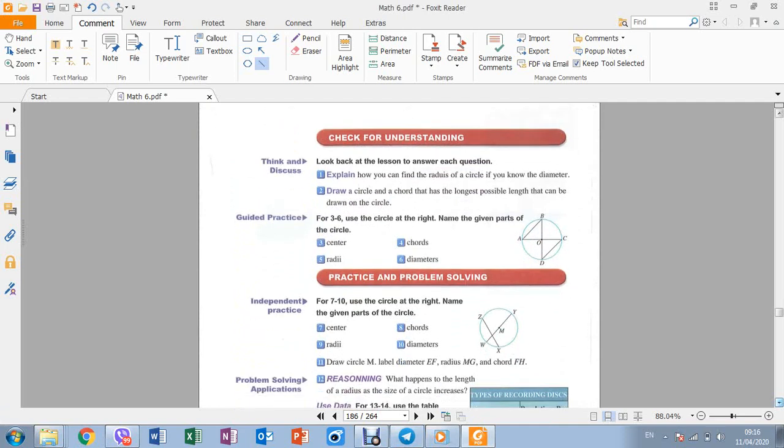Now look at this one, guided practice. With the circle at the right, name the given parts of the circle. It was the center, number 3. So our center is what?